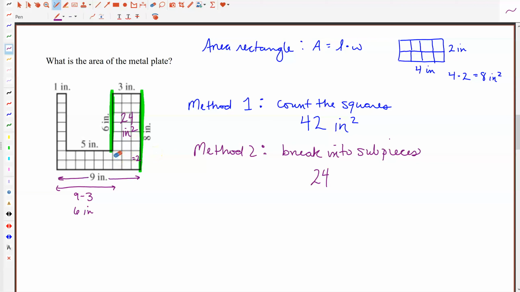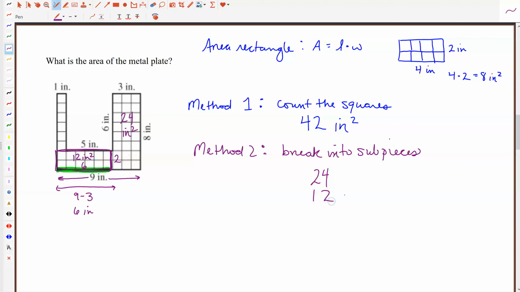So this little piece right here is 2. And this little piece down here is, we found to be 9 minus 3, or 6. So for this rectangle right here, this is 2 times 6, or 12 square inches.